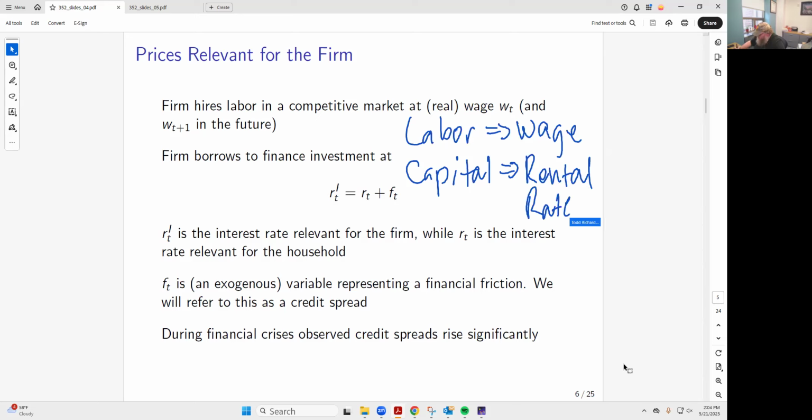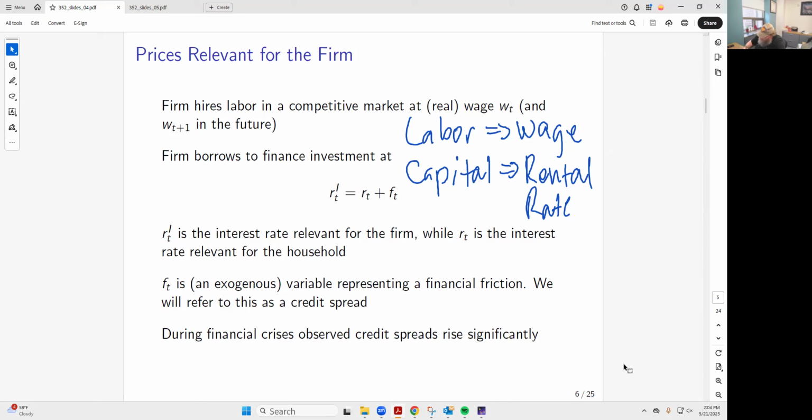Instead of calling it the price of capital, we call it the rental rate of capital, again, because of that depreciation. You don't really own capital, you rent it, it depreciates, and then eventually you usually end up scrapping it. And in that sense, I think it makes a lot of sense for us to refer to the price of capital as the rental rate.